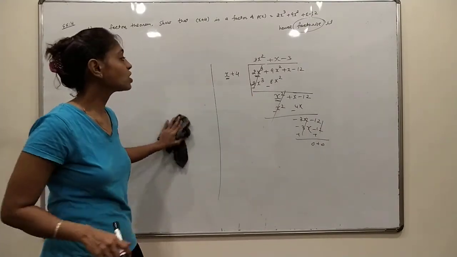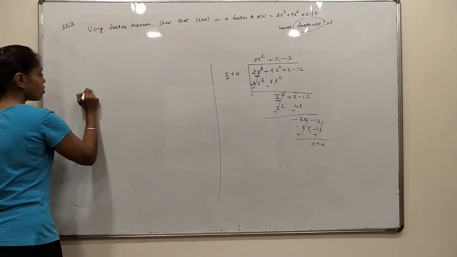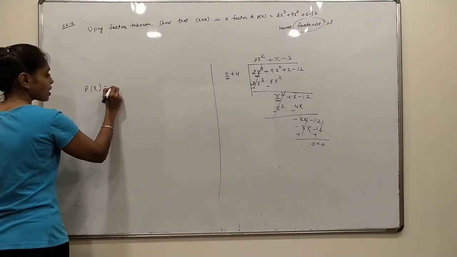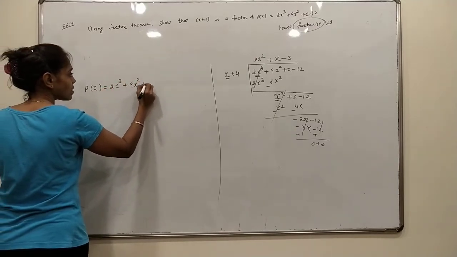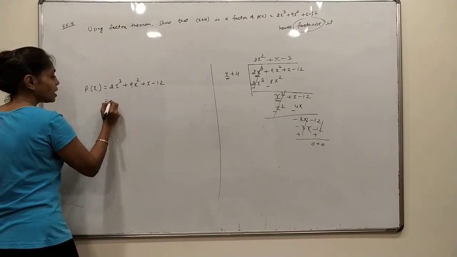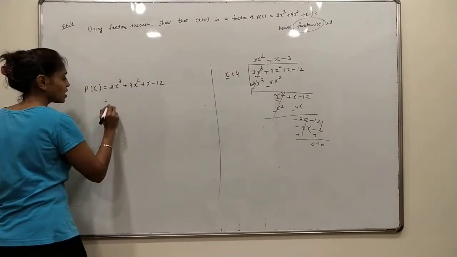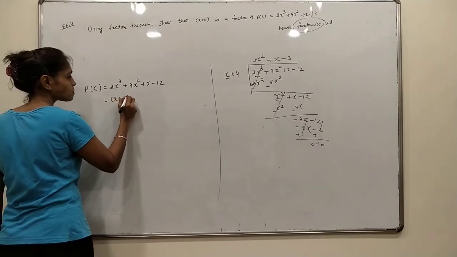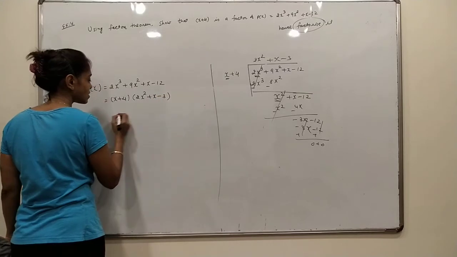Now factorization. In place of p of x, we write the multiplication. So p of x is 2x cube plus 9x square plus x minus 12, but in place of it is the multiplication of divisor and quotient: x plus 4 into 2x square plus x minus 3.